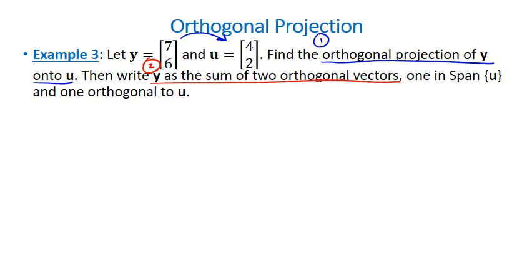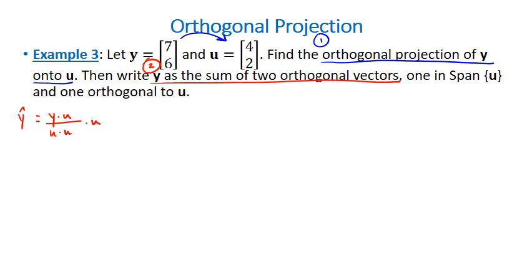Now we only have 2 vectors here, so when I write my sum, I'm only going to have 2 terms. I'm going to use that slide that we had previously that said y hat is equal to y dot u over u dot u times u.